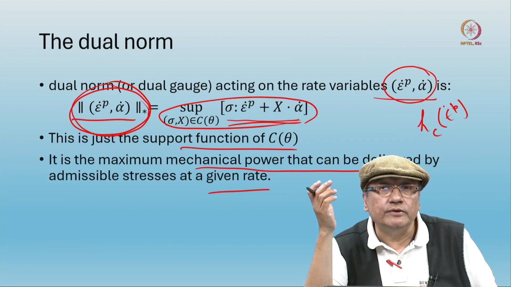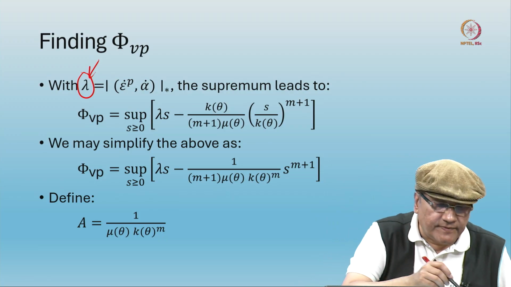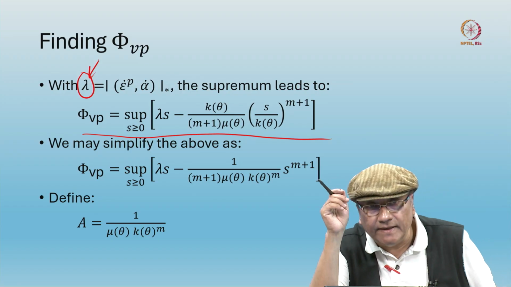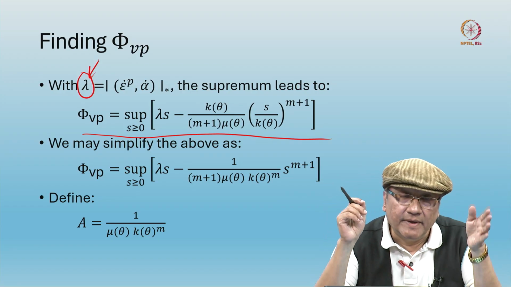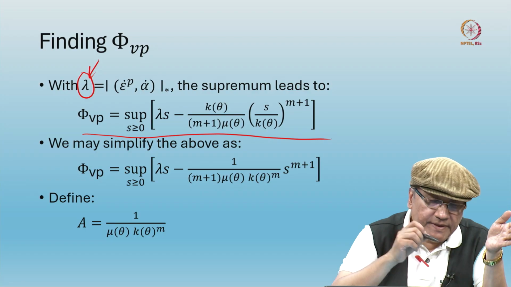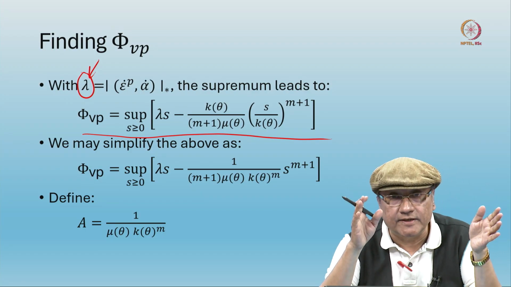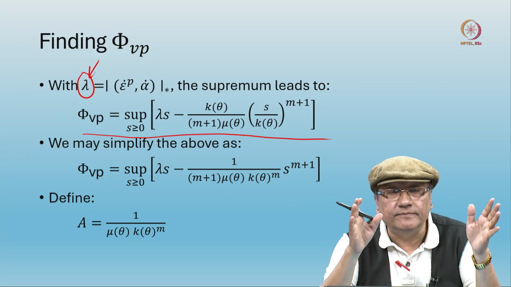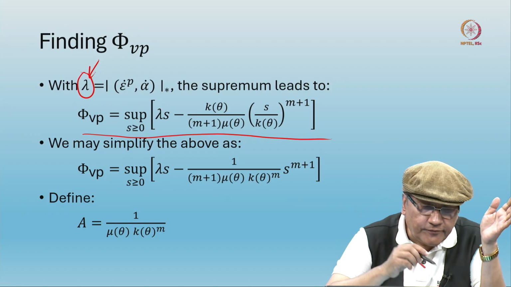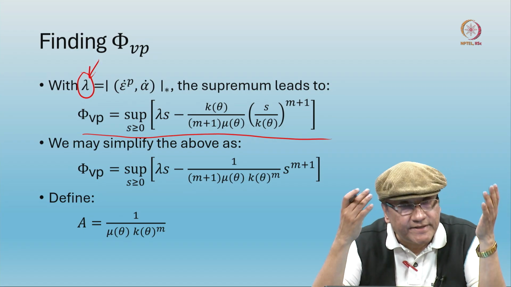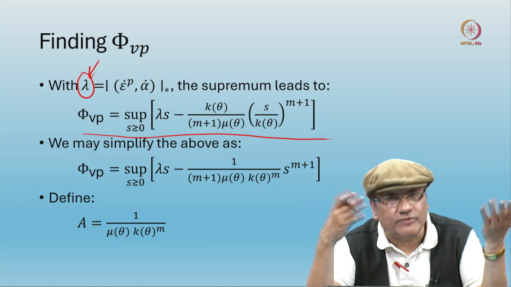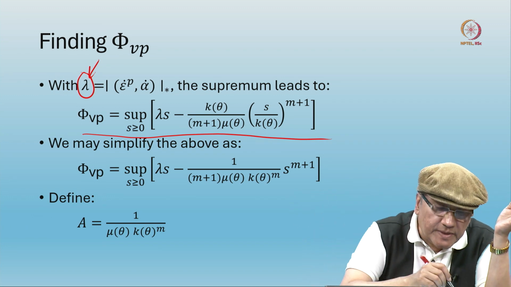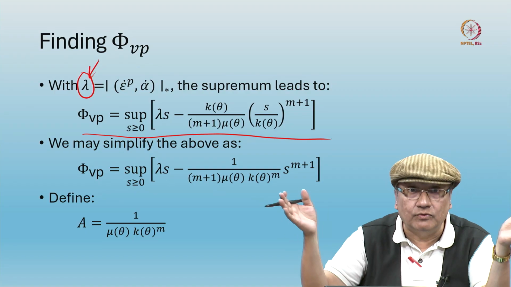So you see that now I can write this phi Vp as the supremum over this simplified thing. My objective is that phi Vp is basically a dissipation functional, so it must be a functional of rate type variables, which means lambda. S is a stress-like variable, even though it is a scalar, it is an overstress. So the supremum over all S has to go out.